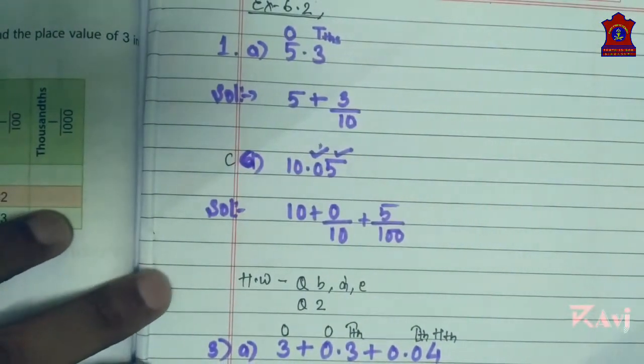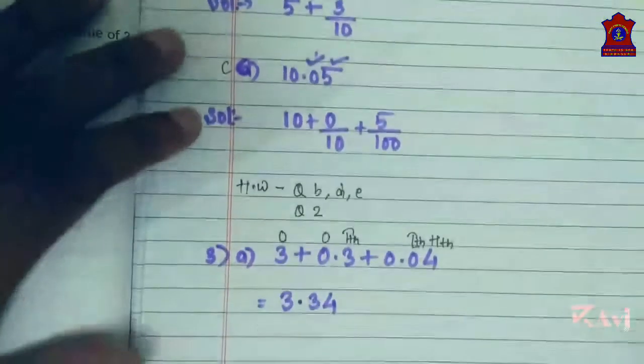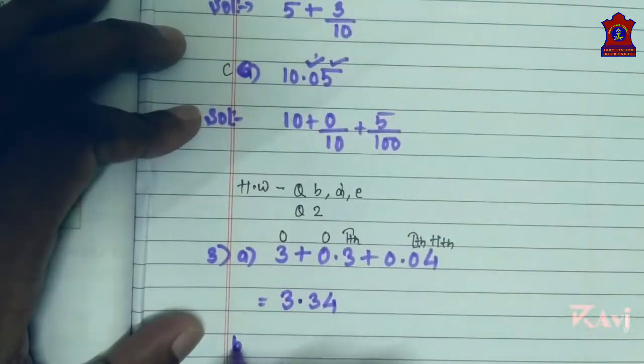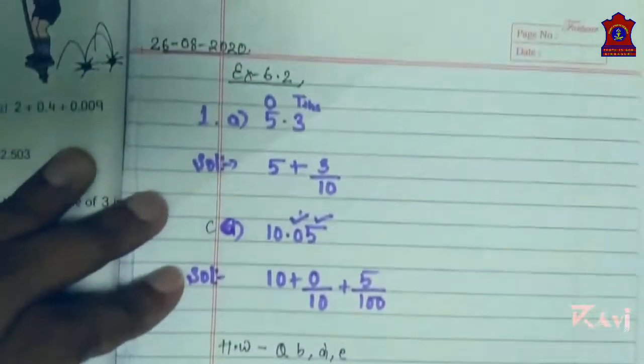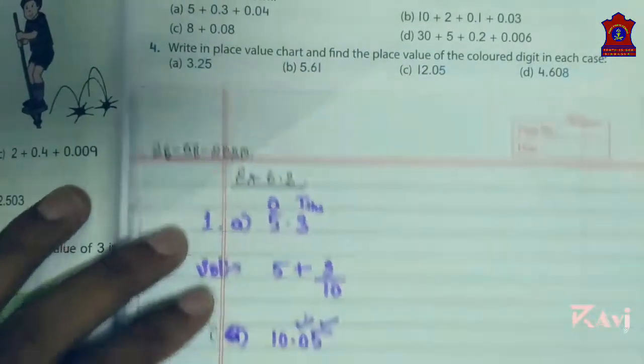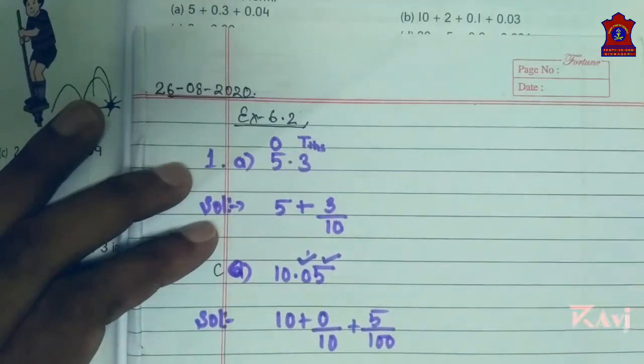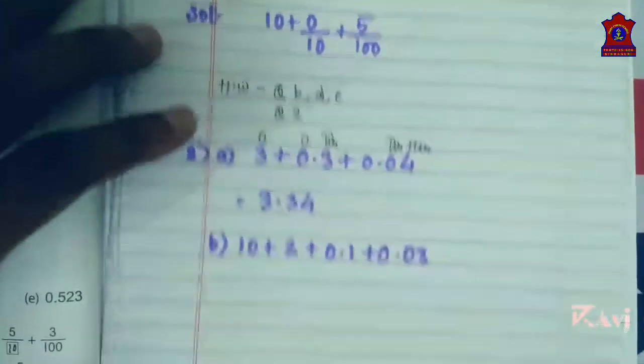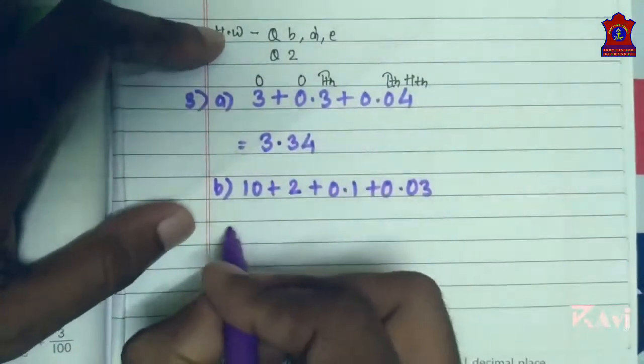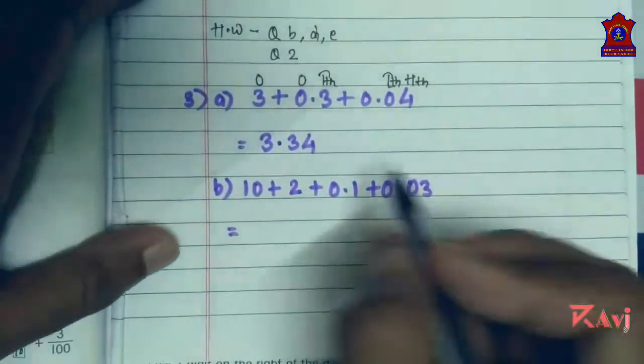Question number B is also similar. 10 plus 2 plus 0.1 plus 0.03. Clear? Now see, just mark the place value.